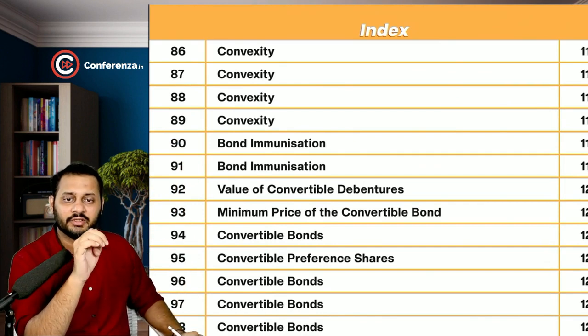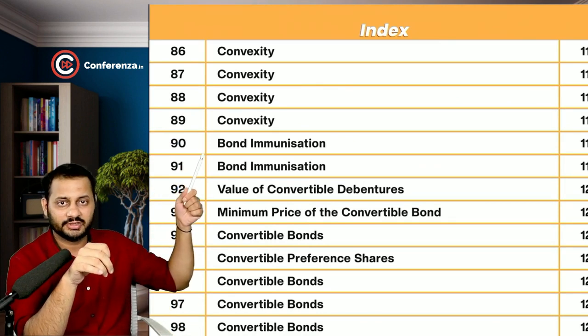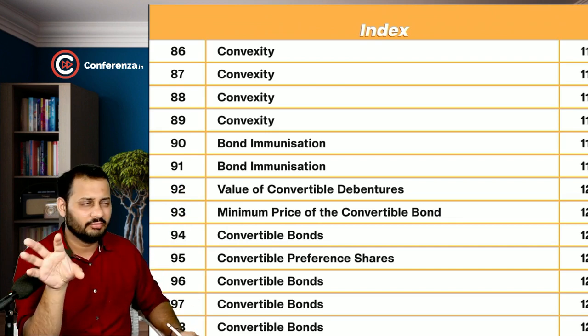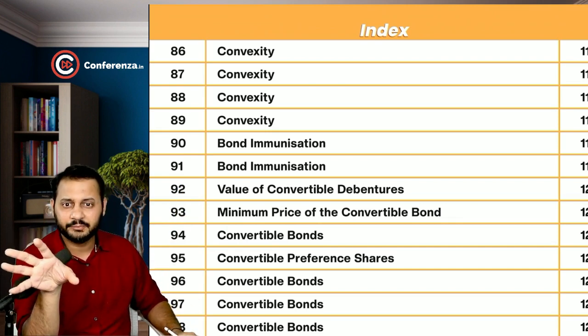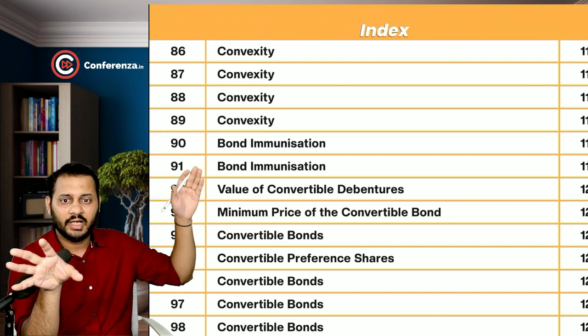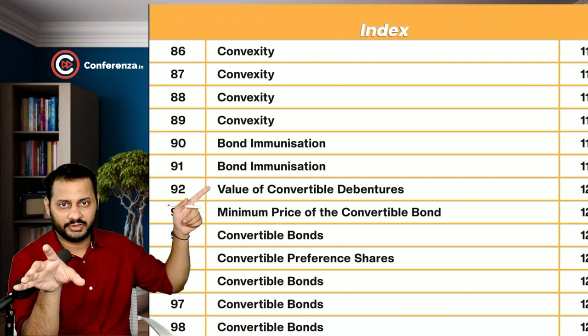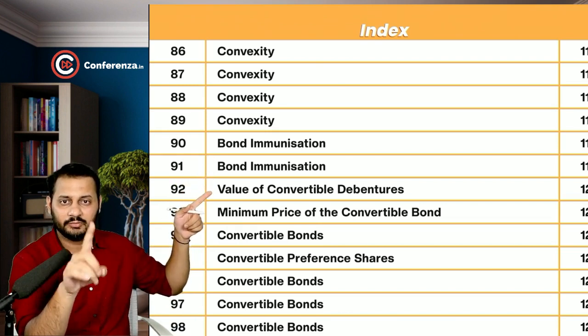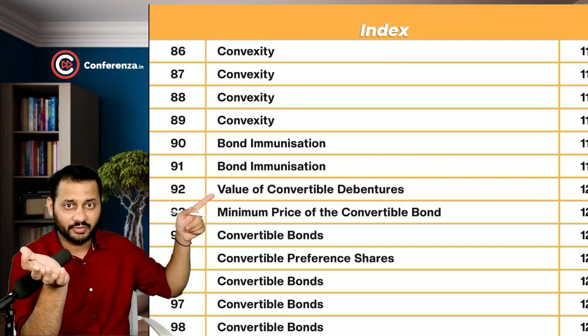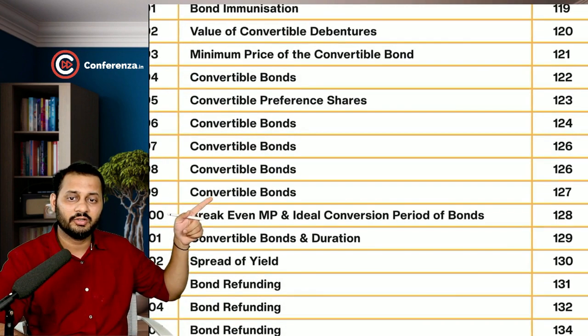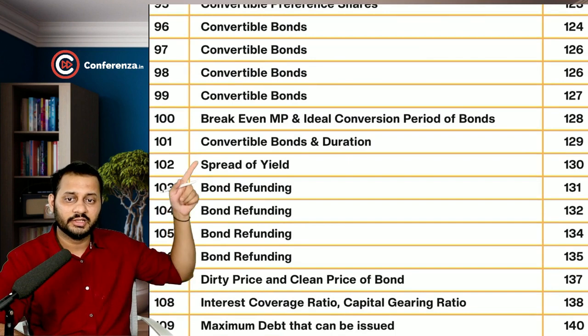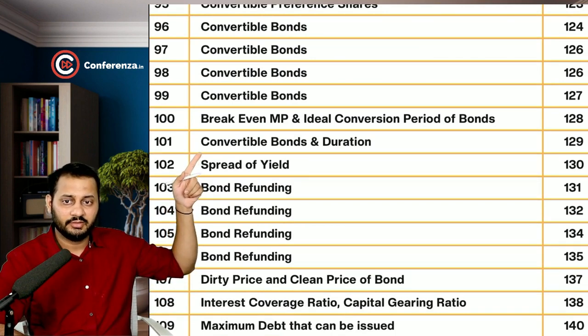So in the next lecture, we are going to start with the bond immunization concept, and it is a small concept. It is not going to take much time. And then we will start with convertible bonds. Convertible debentures and convertible bonds are a good and the last concept of your bond valuation, which will go on till question 101.